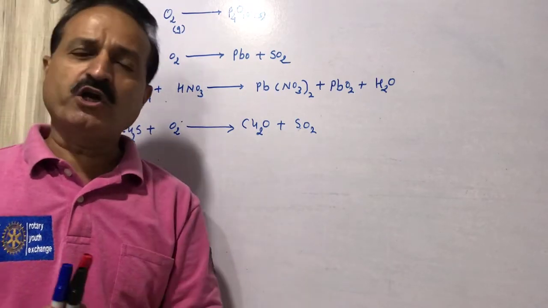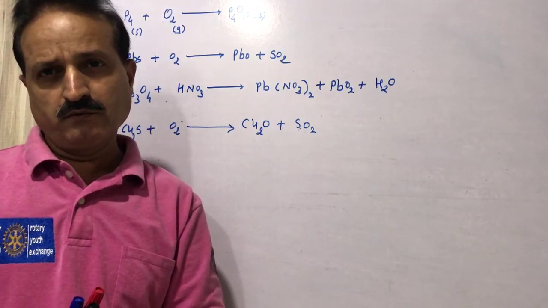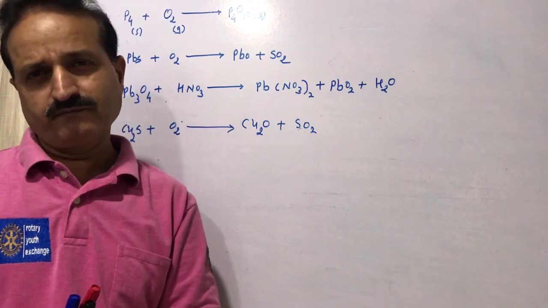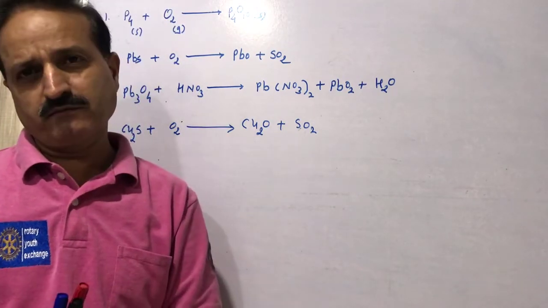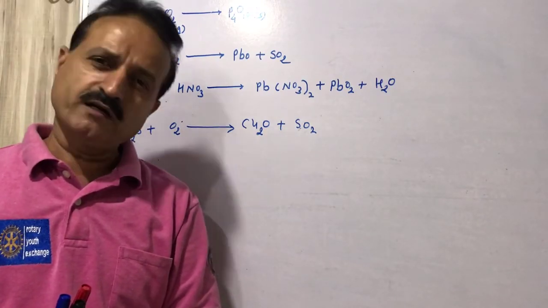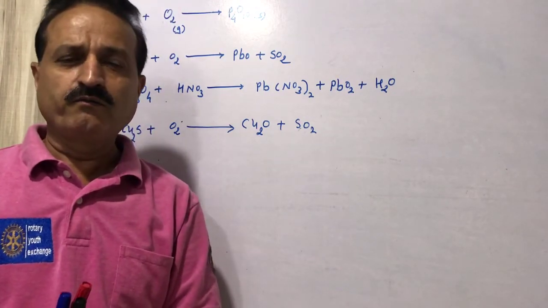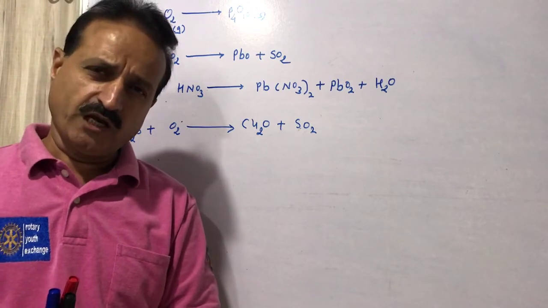And a balanced equation is achieved by error and correction. If there is an error, you have to make it correct. We write some equation and we make an error.